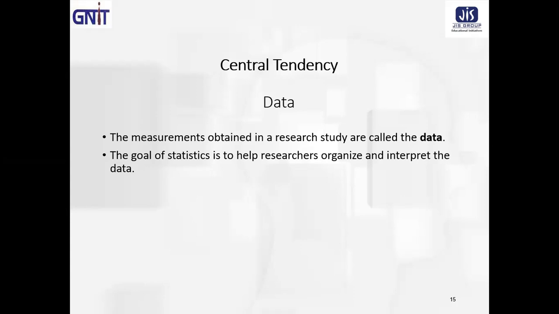The extent to which numerical values are dispersed around the central value is called variation. And the extent of departure of numerical values from a symmetrical distribution around the central value is called skewness.